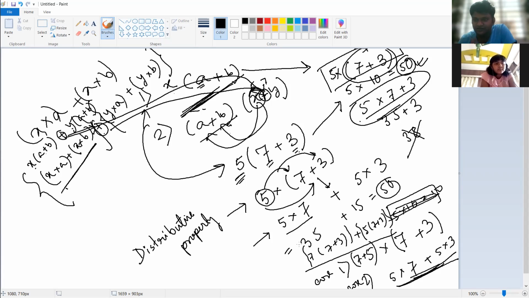So you have to expand it in a way that you don't take the numbers first. You just expand it in algebraic form. That will be ax plus by plus cy, whatever it is. After that, you have to put the values 2, 3, 5, 7 and make the calculation. Got it?